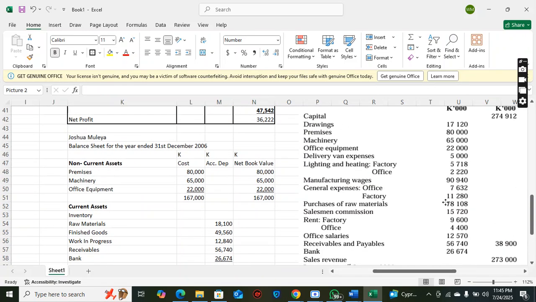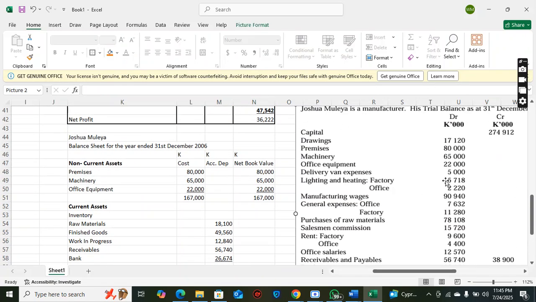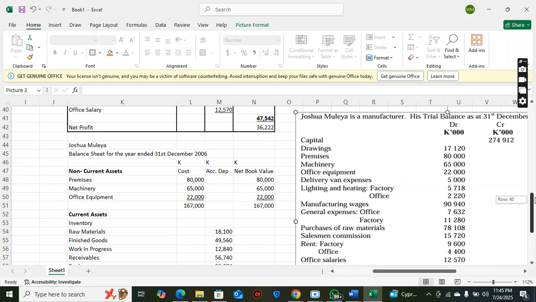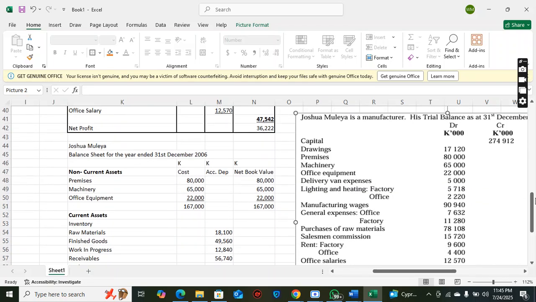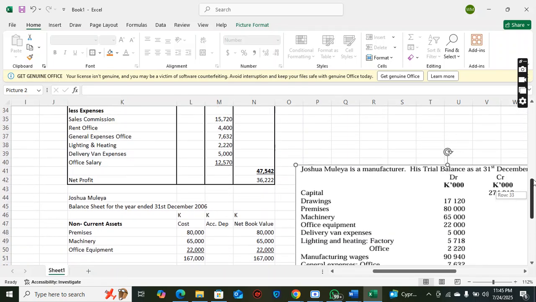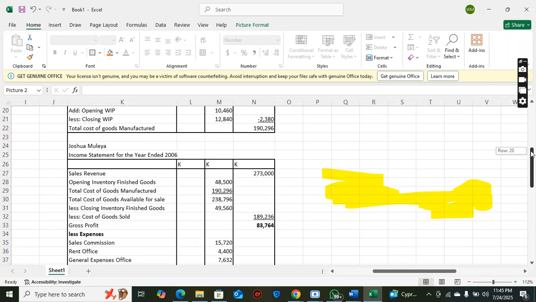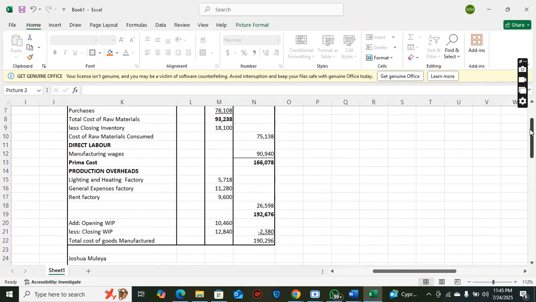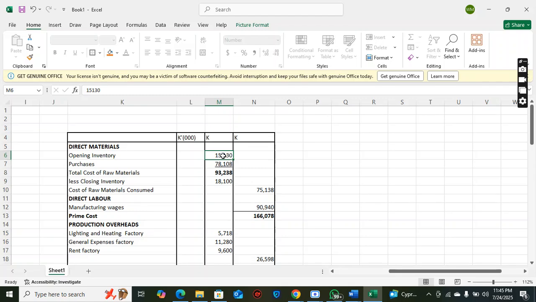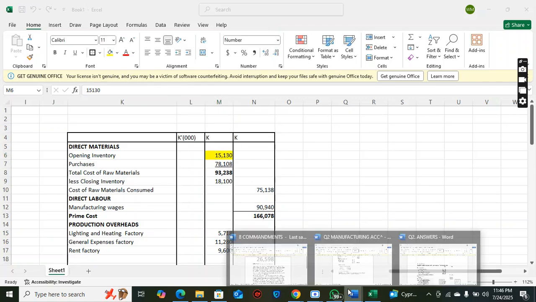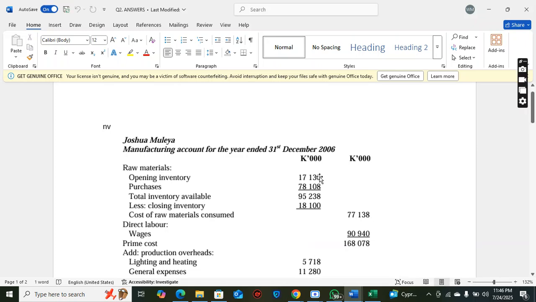But the question was saying 15,130. So that's where this discrepancy is coming from. This one and this one here.